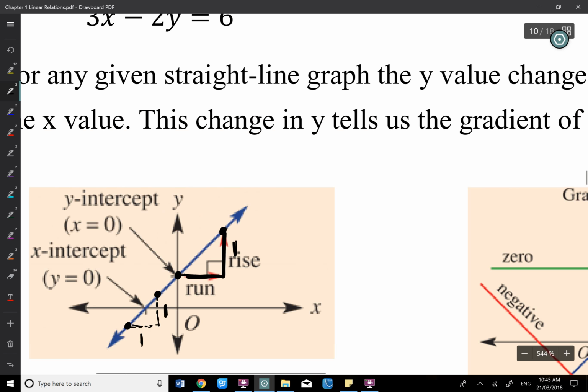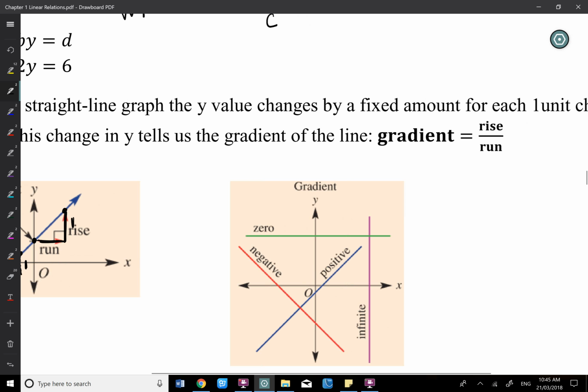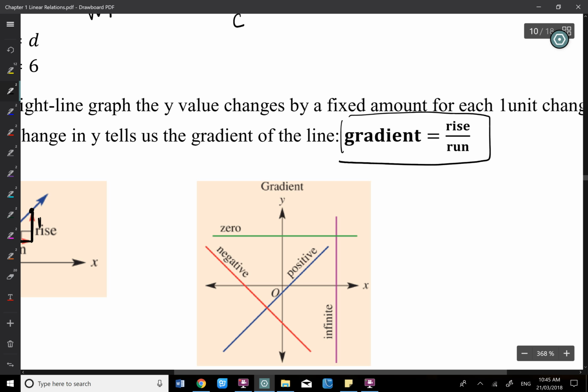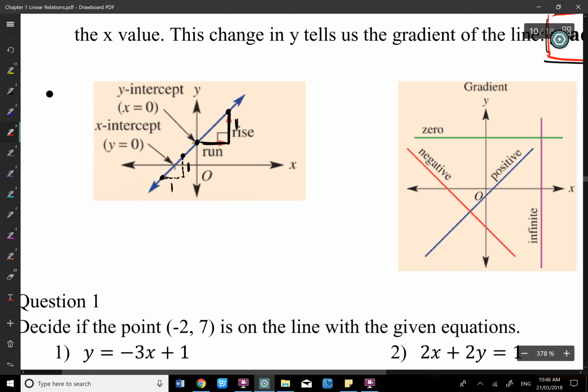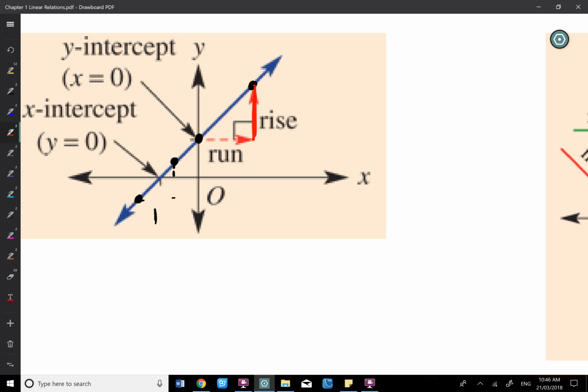So the gradient tells me the rise over run. Okay, that's the formula. The gradient tells me the rise over run. So what's rise, what's run? Let's just look at those 2 points. Rise is the level you increase. Okay, the vertical level increase, that's the rise. Well, sometimes it could decrease. I'll show you the graph, it could decrease.